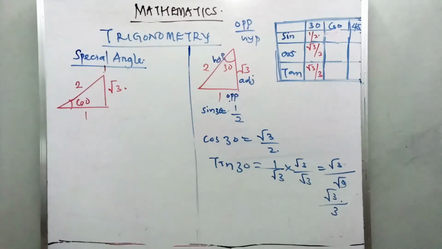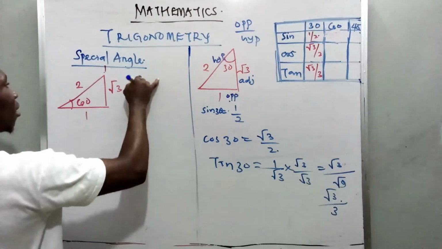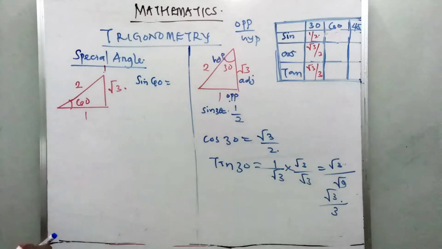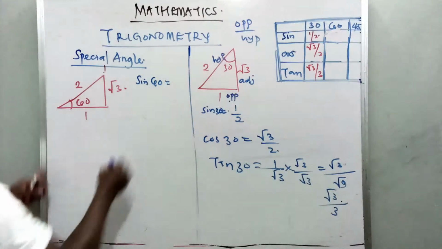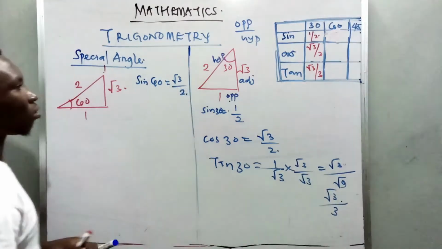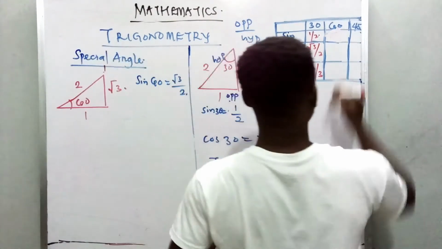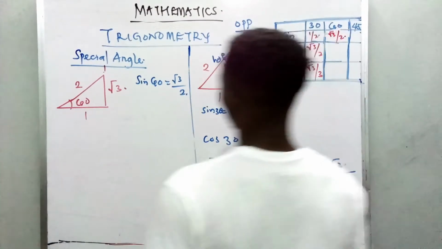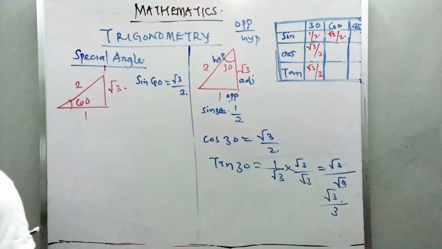Root 3. So at this junction, we can now say that sine 60 is equal to root 3 over 2. Sine 60 here is what? Root 3 over 2.